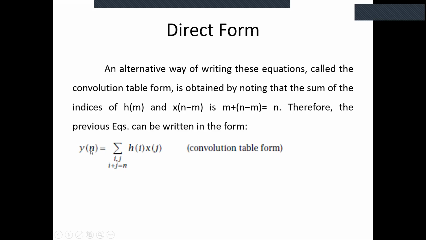So what are the possibilities for y of 2? For example, it will be h of 0, x of 2; i plus j is 2. h of 2, x of 0, this is another one. And h of 1, x of 1. Well, so we have three terms in this way.